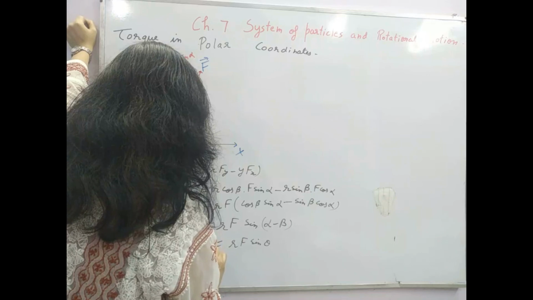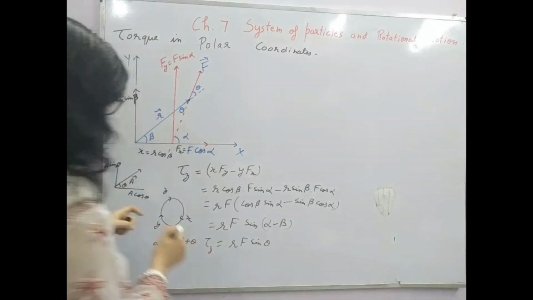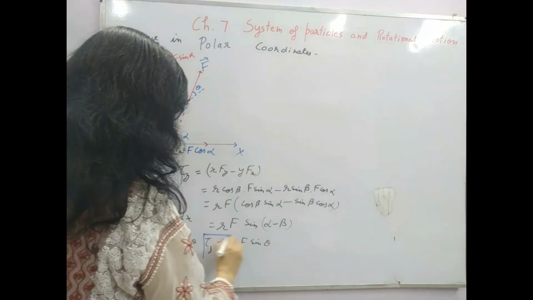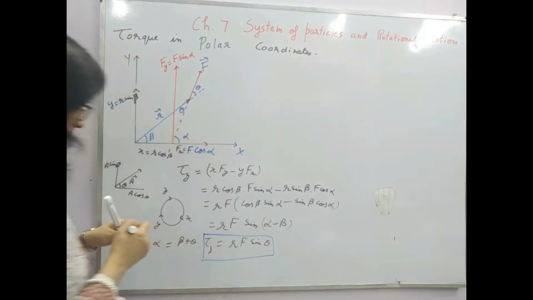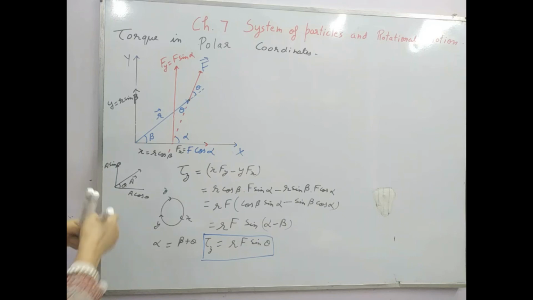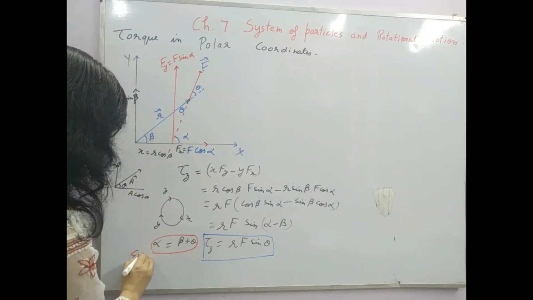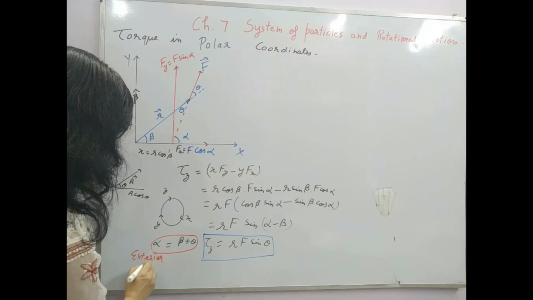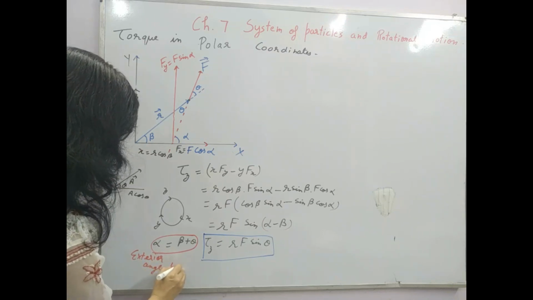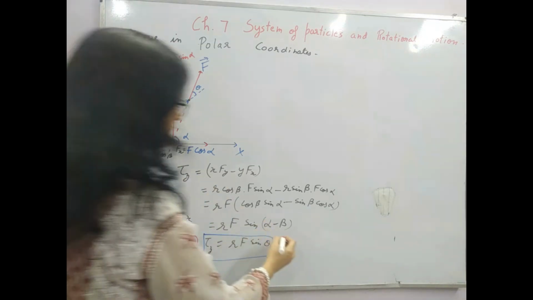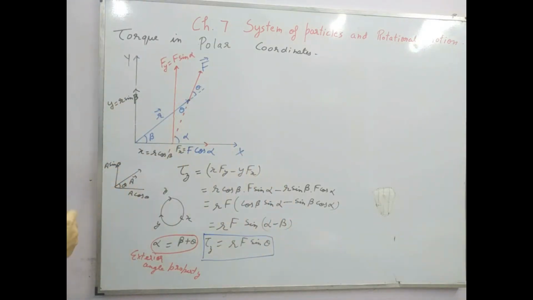So this is torque along z direction, which is perpendicular to the plane containing F and r. This is exterior angle property. So this is torque in polar coordinates. I hope you understood. That's all for now. Have a nice day.